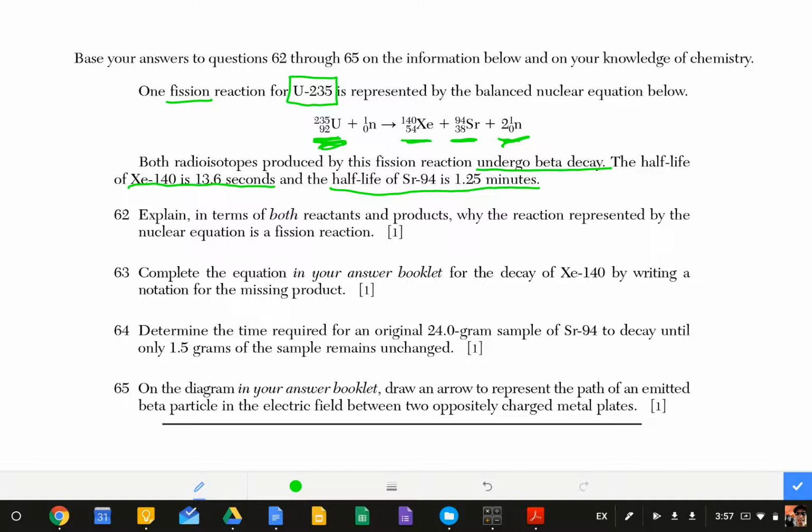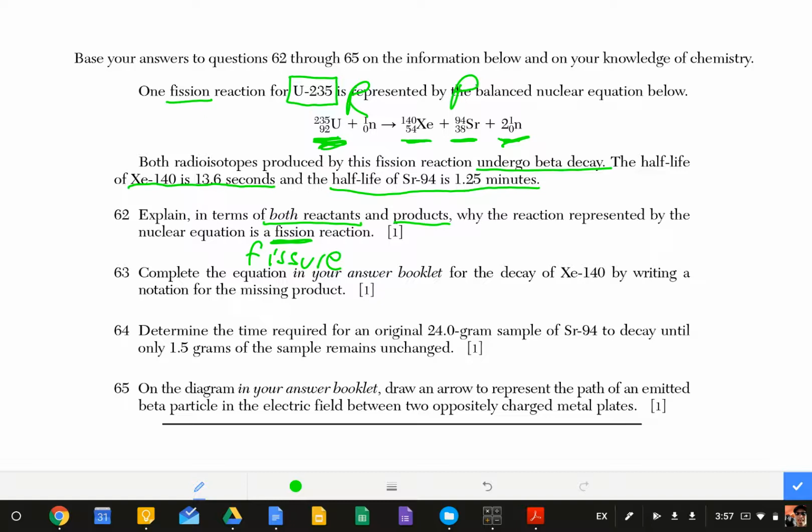All right, first question, 62. Explain in terms of both the reactants and the products. So recap on that. The left side are the reactants, the right side are the products. So in terms of both reactants and products, why the reaction represented by the nuclear equation is a fission reaction. Well, the word fission and even the word fissure mean for things to separate or to crack.